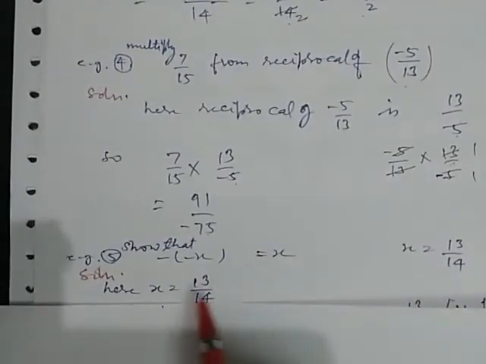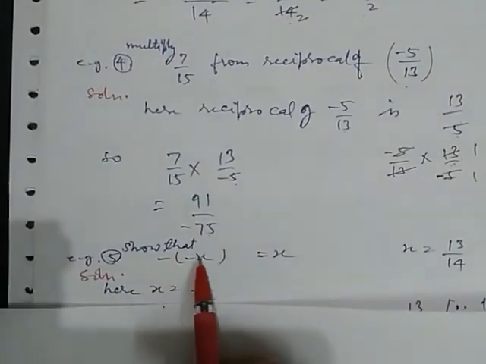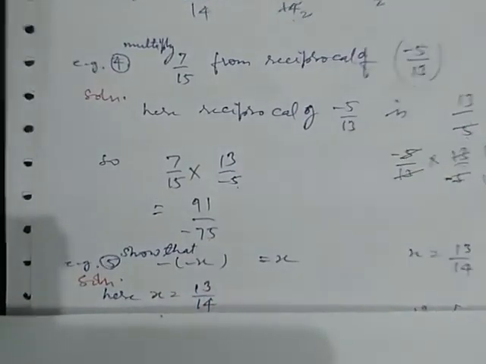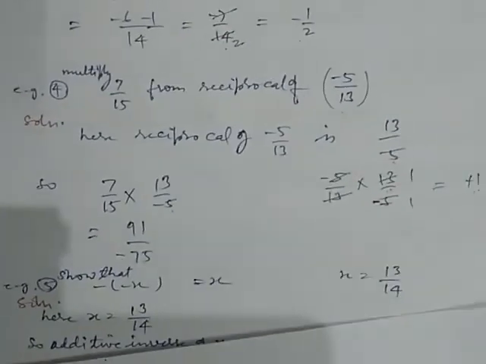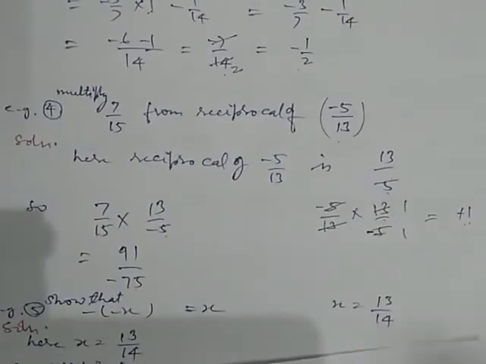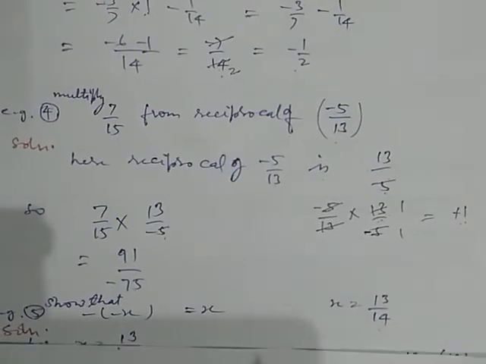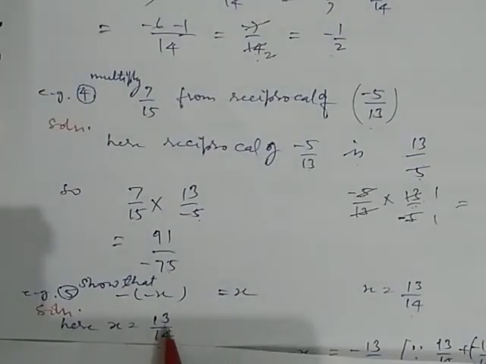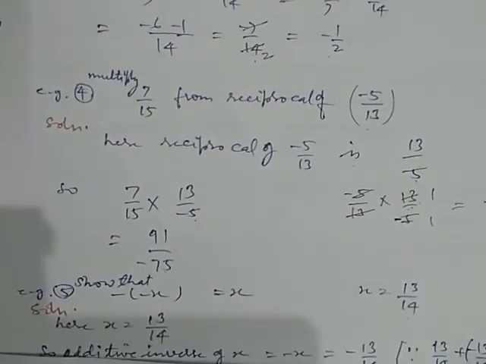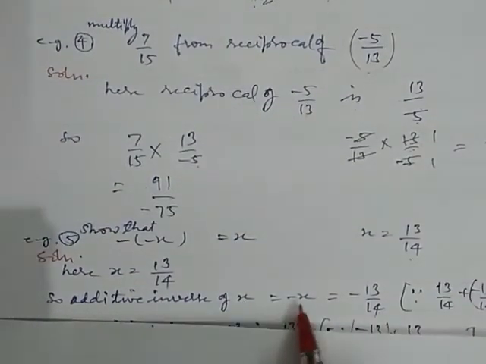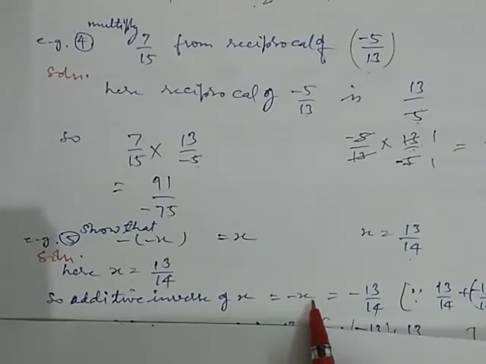Now we have to show that minus of minus x equals x. Here the value of x is 13 by 14. So x equals 13 by 14. The additive inverse of x is equal to minus x. Why?